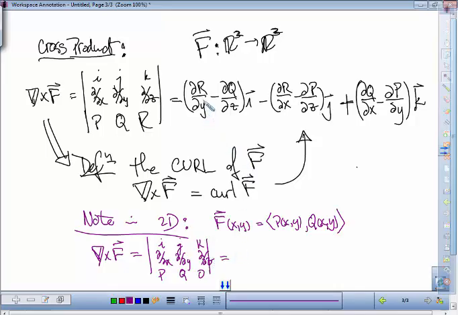Now the first one says I'm going to take the r, which is 0, with respect to y. Well, that's 0. And then I take my q function with respect to z. Because q doesn't have any z's in there, that's going to be constant. So that whole thing's going to be 0, right?